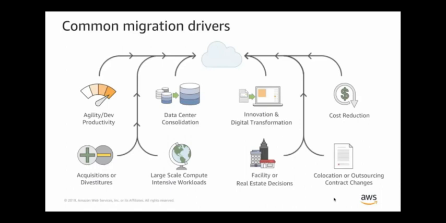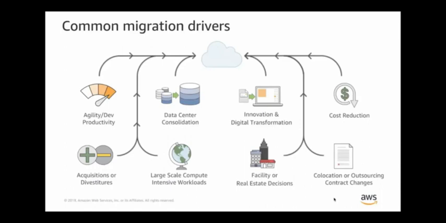Data center consolidation is another common reason for which we see customers moving to the cloud. Cost reduction is a very popular reason because customers find that the pay-as-you-go model in the public cloud is very, very attractive to their financial bottom lines.